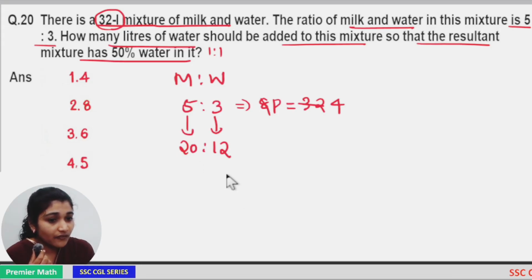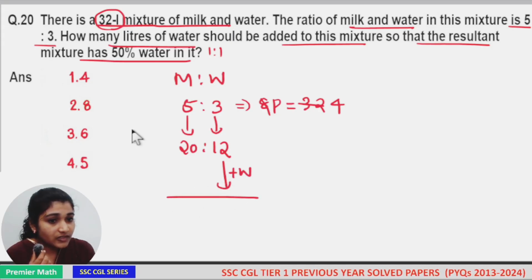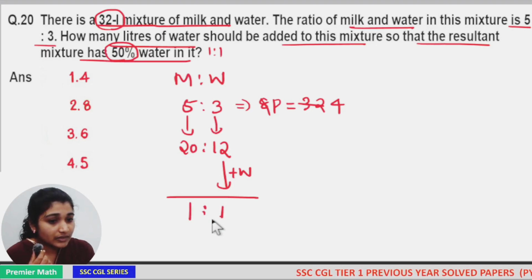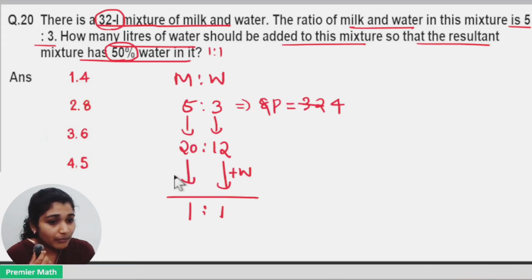Now to this we are adding some water. After adding this water, the mixture should contain 50% water and 50% milk. That is a 1:1 ratio. But we are not adding any milk, so the milk part added is 0.